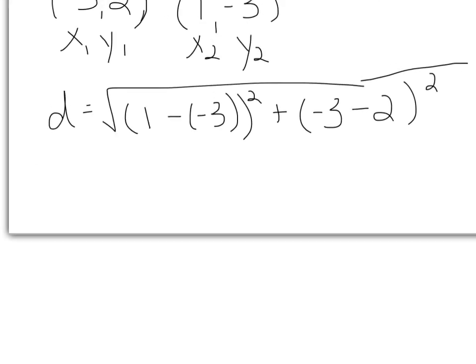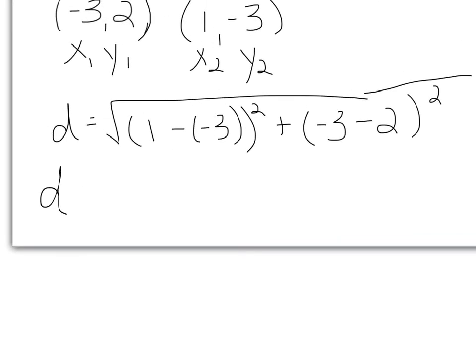So now I'm going to clean this up a little bit. 1 minus negative 3, you're going to add a line, change the sign, right?